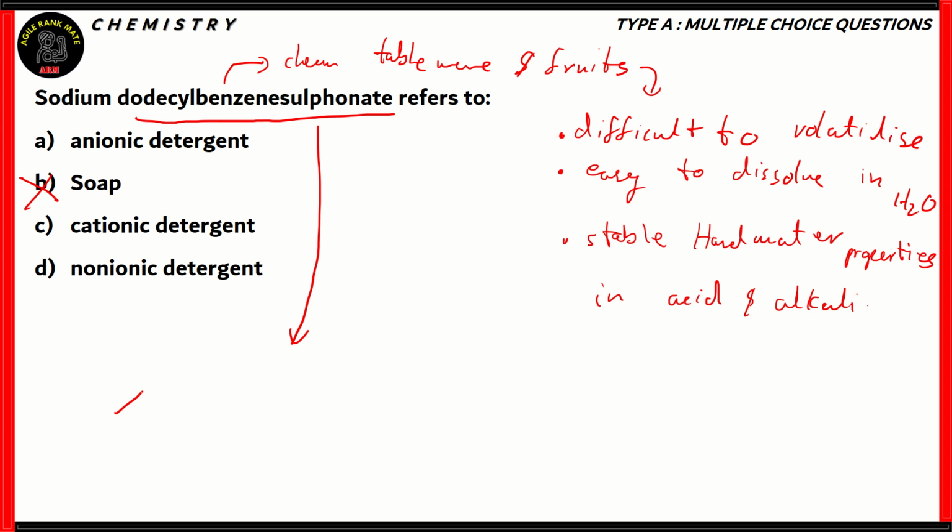That means 1, 2, 3, 4, 5, 6, 7, 8, 9, 10, 11, 12 connected to a benzene ring, and since it's sulfonate, that means it would have a sulfur atom connected to 3 oxygen atoms.